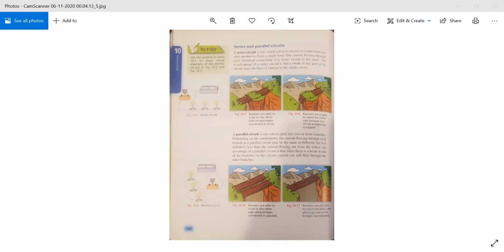But a parallel circuit is one which splits into two or more branches. It means it can have two branches or more than that as well.